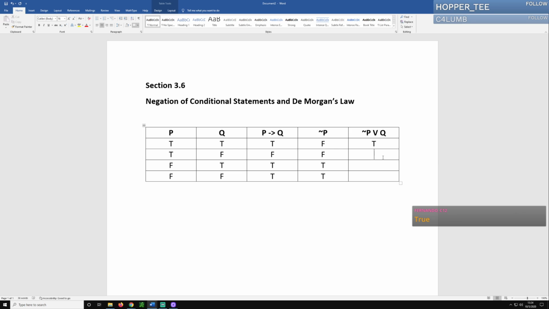What's that going to be? Yeah, that's right. False or false is definitely false. That is correct. All right, let's check the next one.